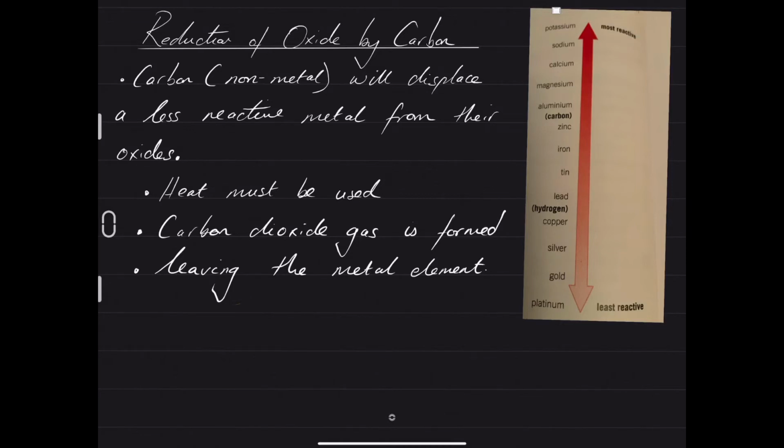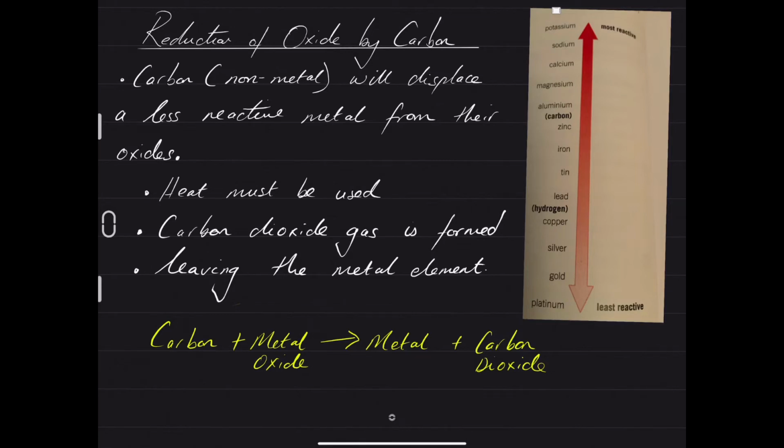So the word equation that I want you to take down is carbon plus metal oxide gives metal plus carbon dioxide. Carbon dioxide is a gas, just be aware. So we have carbon plus metal oxide gives us metal plus carbon dioxide gas.